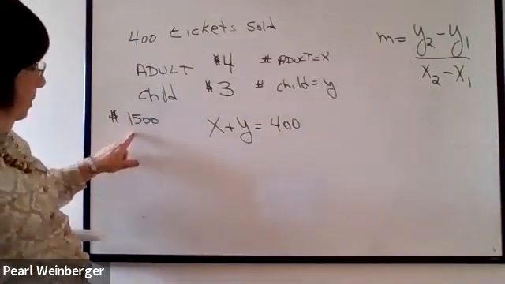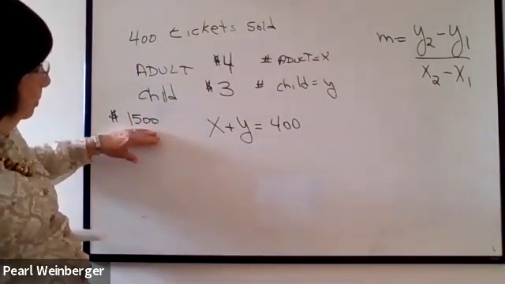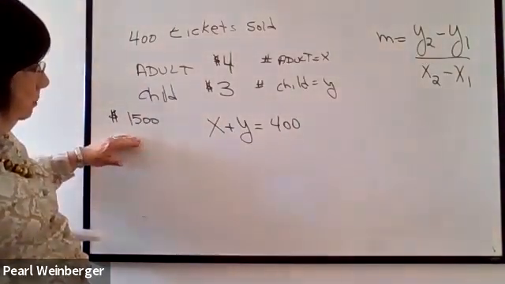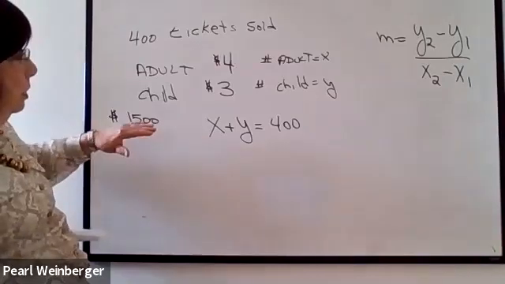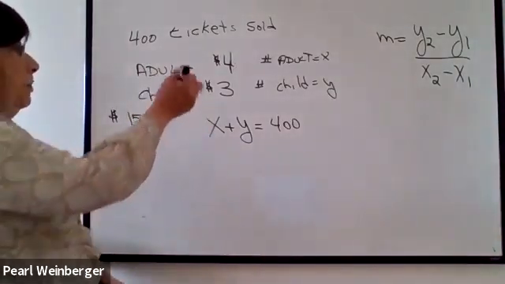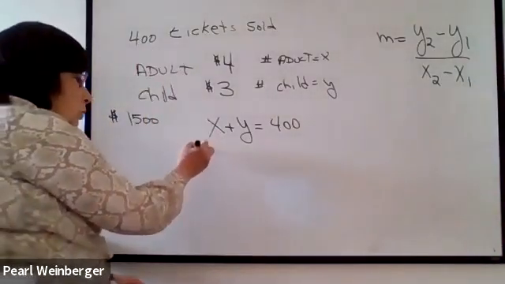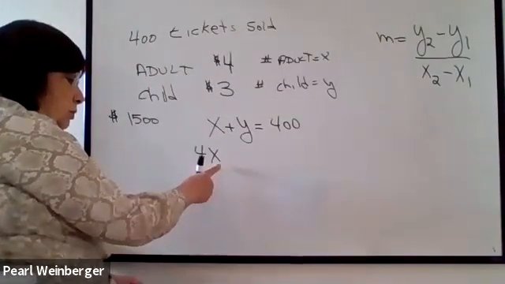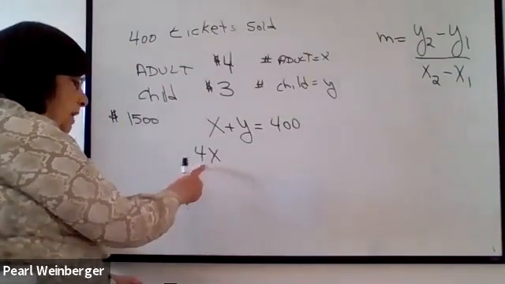The next bit of information has to do with money. We know that $1,500 was collected. So the amount of money they made from the adult tickets was 4X, because if X adult tickets were sold and each of them was $4, they made 4X.